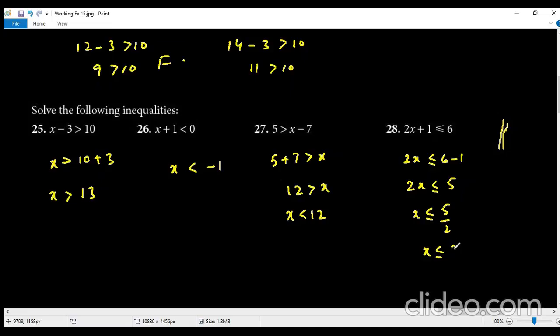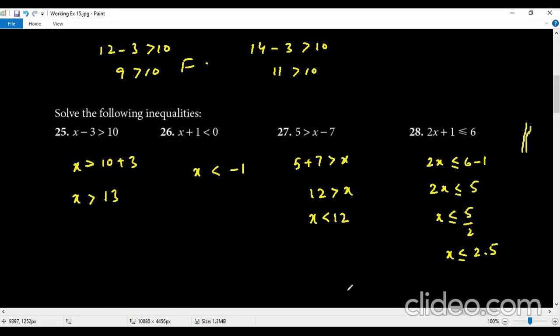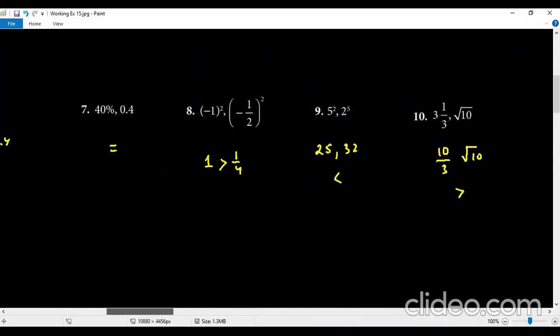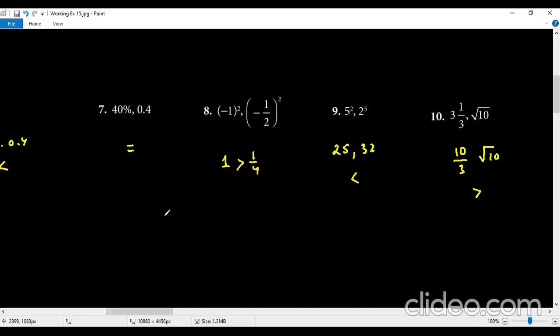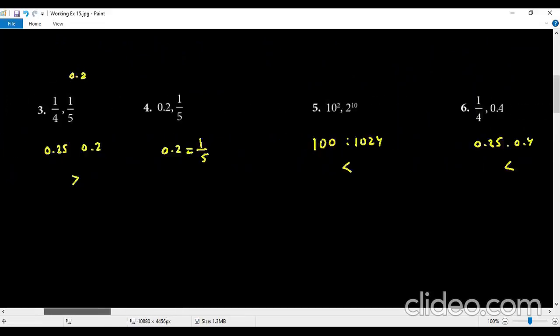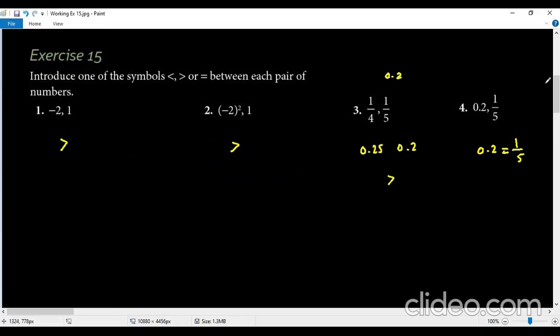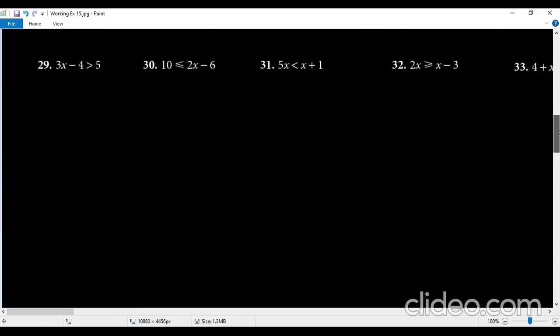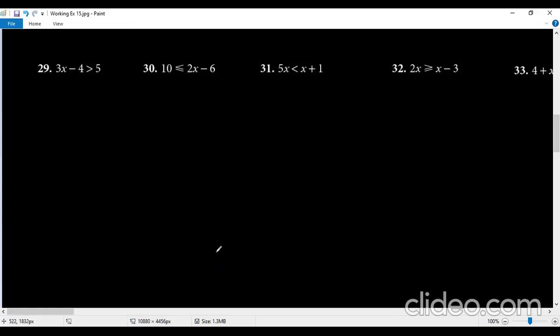Moving on to the next question, which is 29, a continuity of question number 28. Now in here we use the inequality 3x greater than 5 plus 4.